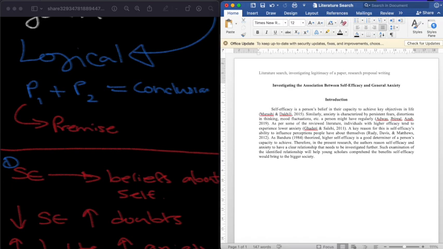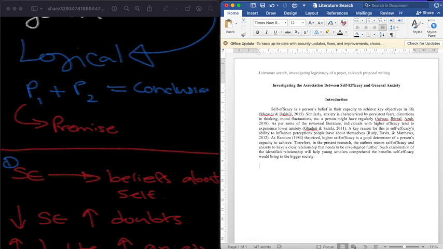Now, some of you might think that I didn't write very well. Yes, I didn't write very well because I just wanted to show you how to come up with a very basic paragraph here. Now, you can find more information like this. What you have to do is you have to have a research log, create a separate Word document and include all your findings about self-efficacy and general anxiety in that particular paper.